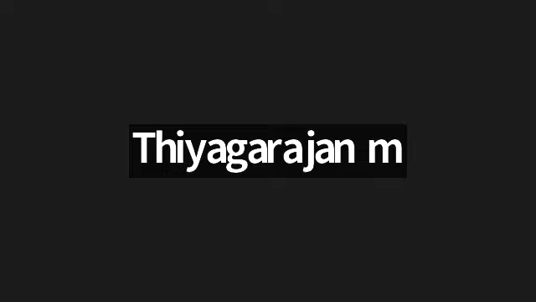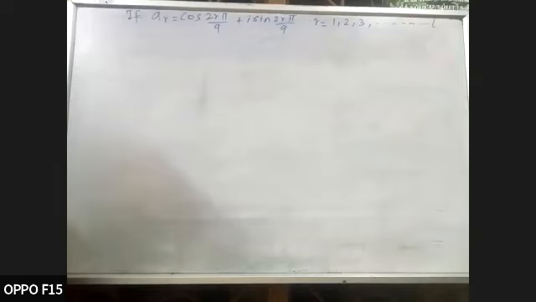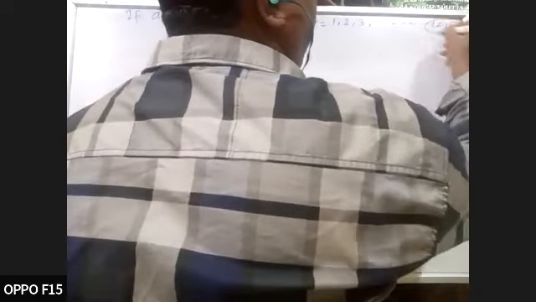Okay, now listen. The next problem: if a_r = cos(2rπ/9) + i sin(2rπ/9), where r = 1, 2, 3, ..., where i = √(-1), that is called iota.